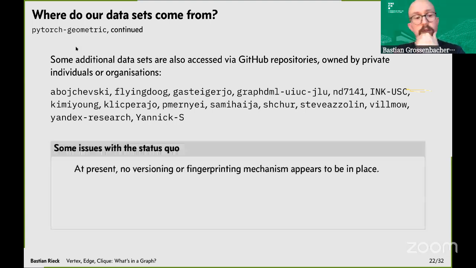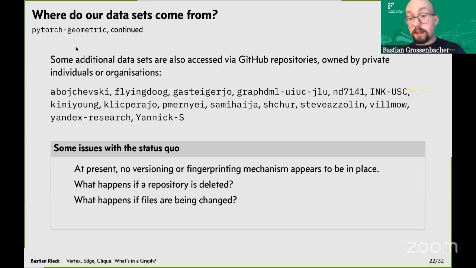And there are some issues, because at present it doesn't seem to be the case that there are versioning or fingerprinting mechanisms in place, right? So anyone could put anything on there and claim that it's the good source of the data. What happens if we delete a repository? What happens if files are being changed? What happens if you find a bug in the graphs that you published somewhere, and then you make a new version in GitHub, which of course works, right?